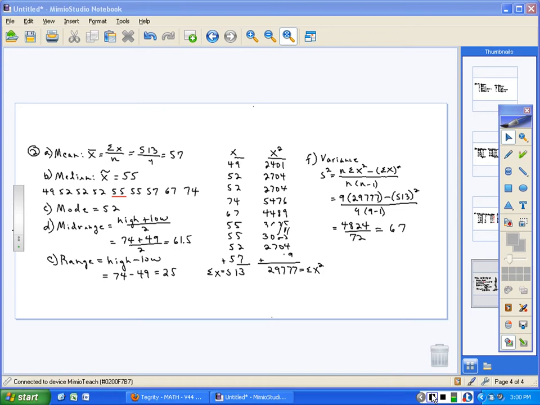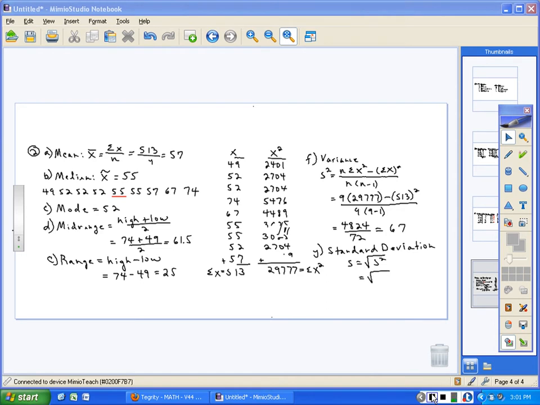I'm going to squeeze in here part G. G asks you to find the standard deviation, which is S. And S is equal to the square root of S squared, or the standard deviation is equal to the square root of the variance.